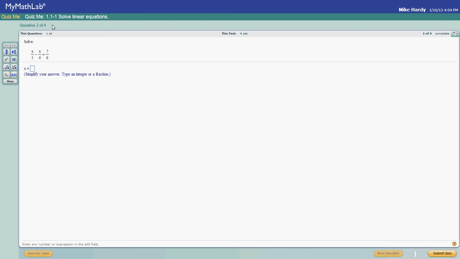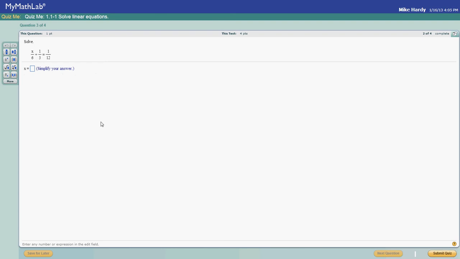This particular quiz will have 4 questions. So you set this up here, and this becomes 6x minus 5x over 30, or 1x over 30 equals 7/6. 210 over 6 is equal to x, and therefore I would say 35 is the simplified version of that.